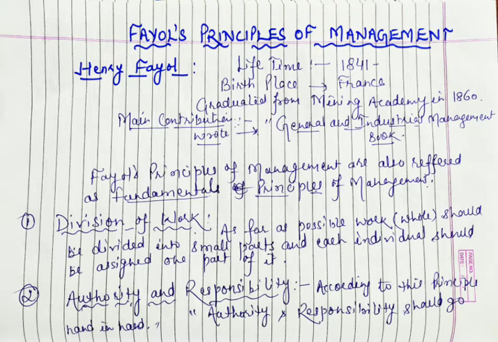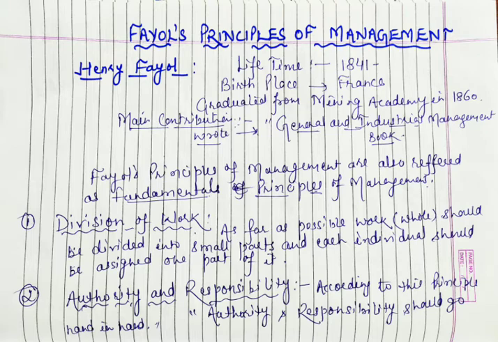There are so many experts in the field of management, and different management experts have explained different principles on the basis of their research. Henry Fayol, who was a famous industrialist of France, has described 14 principles of management in his book, that is General and Industrial Management.